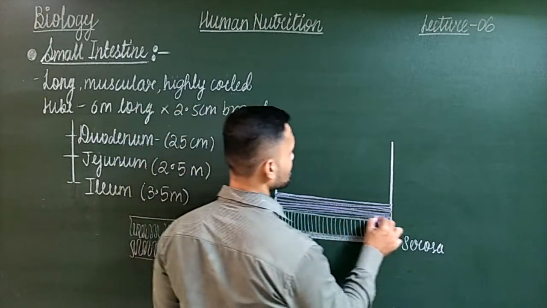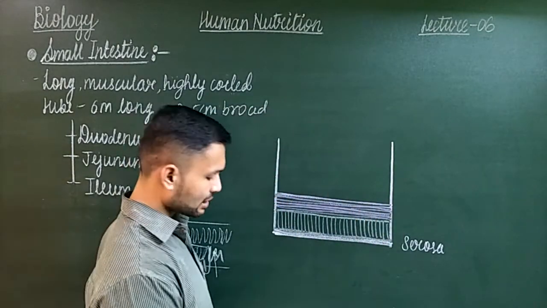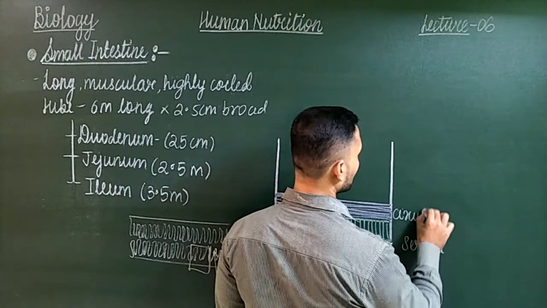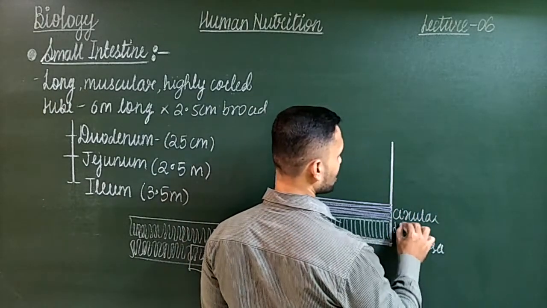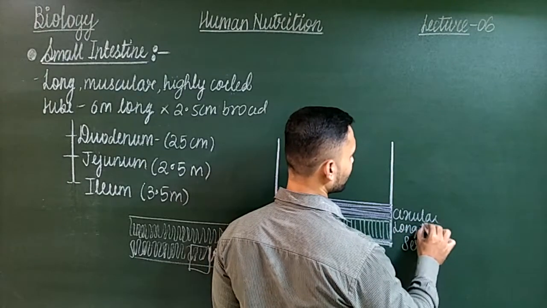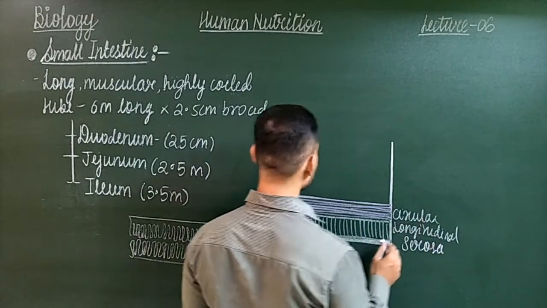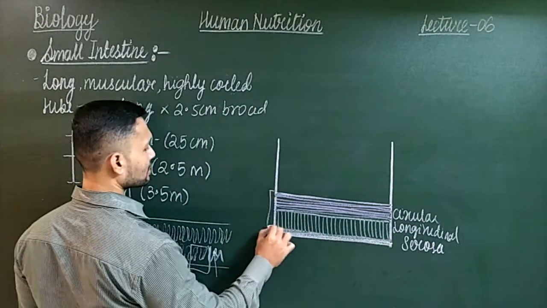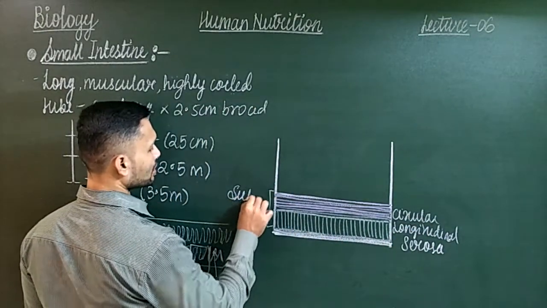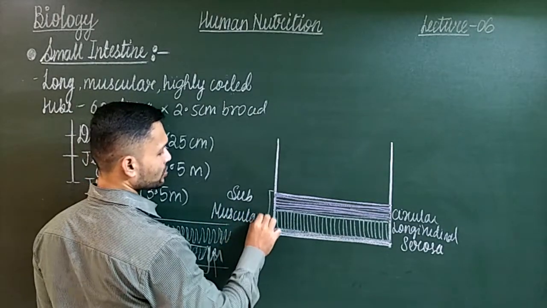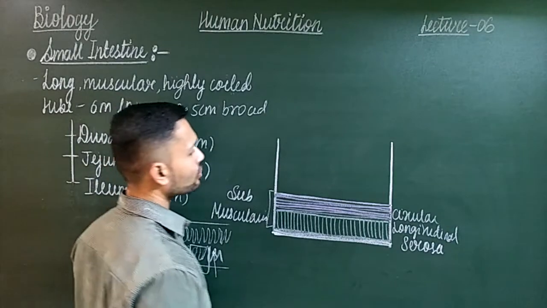These are smooth muscles, involuntary muscles, and they both contribute. The inner is circular, the outer is longitudinal. This region is known as the muscularis because it is made up of muscles, including these two.